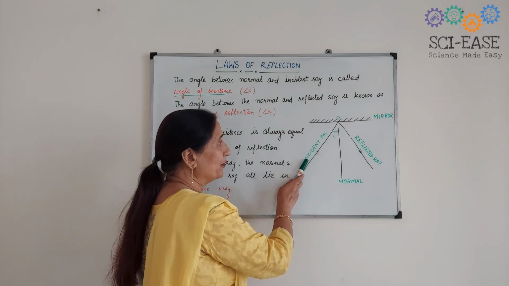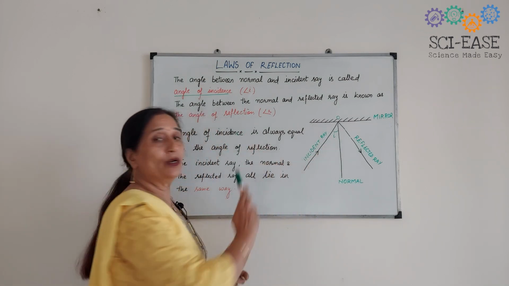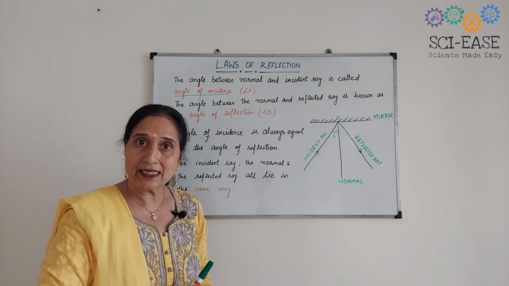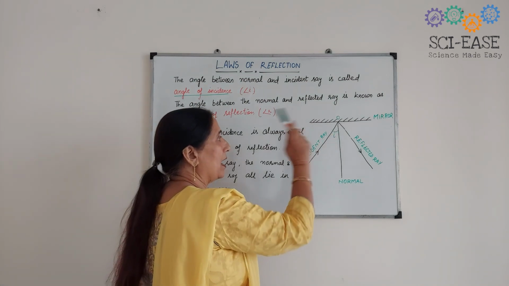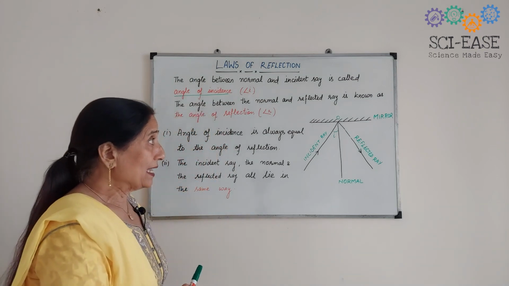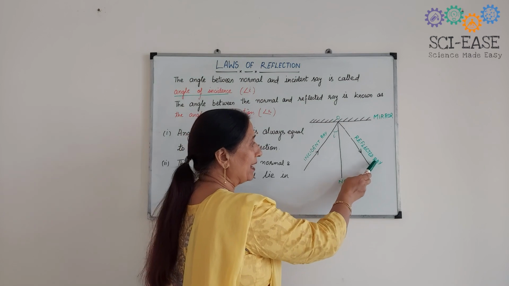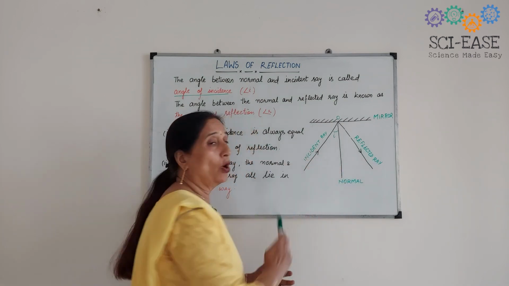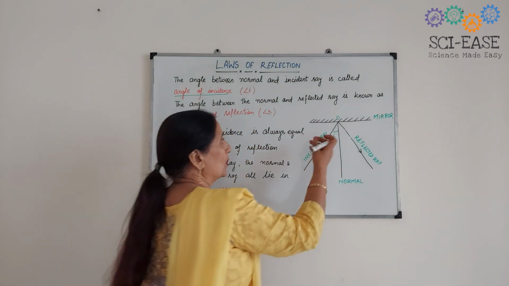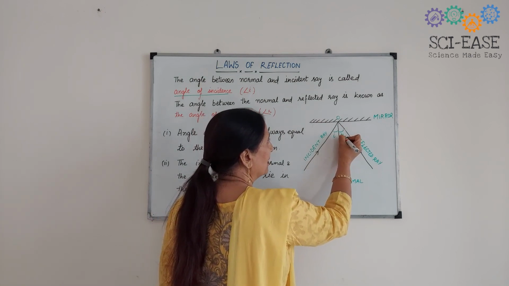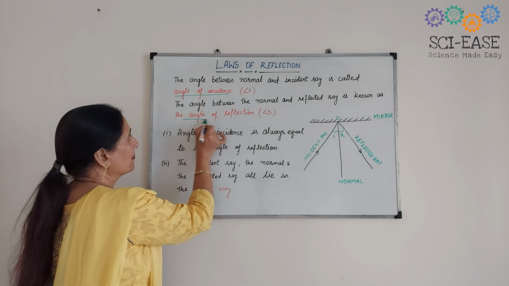The angle between the incident ray and the normal is known as angle of incidence, denoted by I. And the angle between the reflected ray and the normal is known as the angle of reflection, denoted by R.